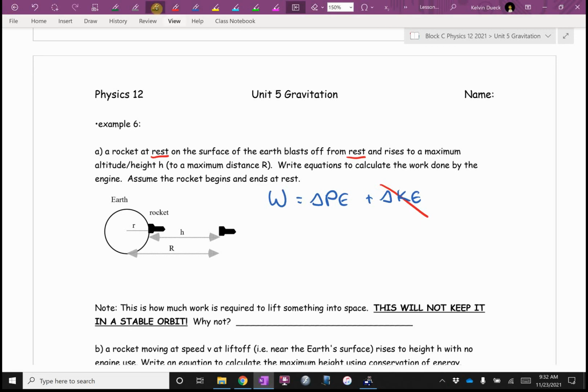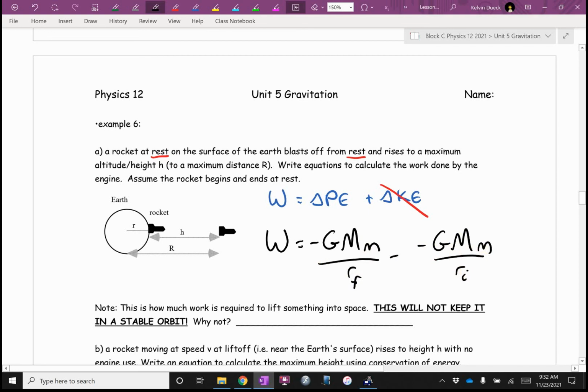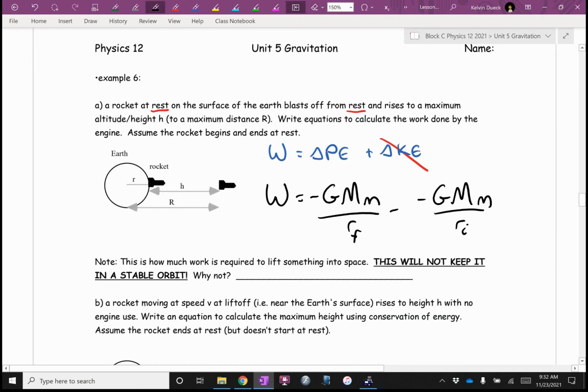What's changing anything? That's how much work required just to lift something up into space. And then in all caps and underlined, I guess I should be shouting, this will not keep it in a stable orbit. Why? No KE.